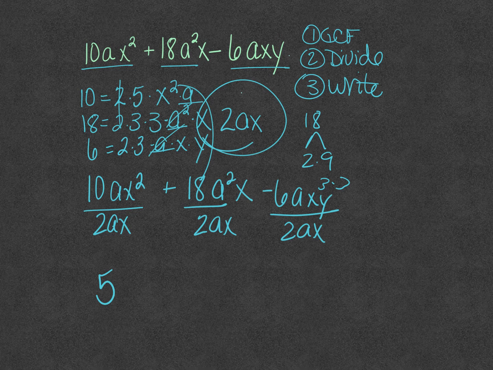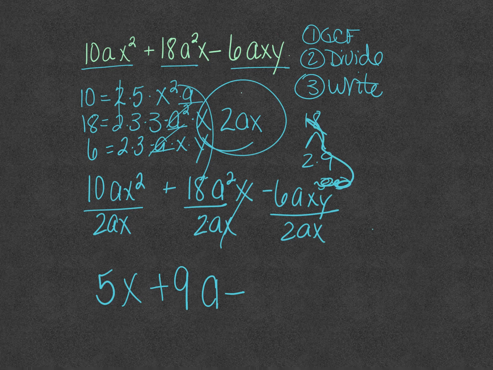A divided by a cancels, and we're going to have x, because 2 minus 1 is 1, which is invisible. All right, so now 18 divided by 2 is 9. A squared divided by a would simply be a, and cancel the x's out.